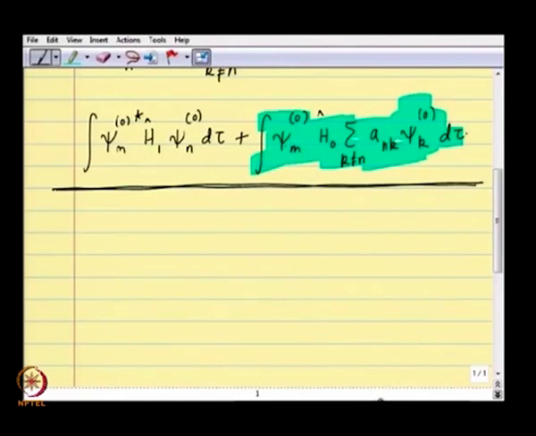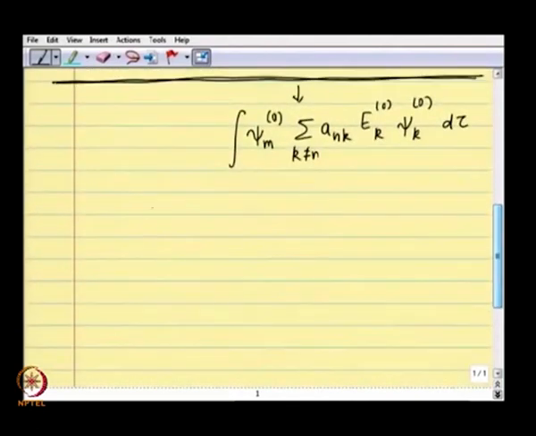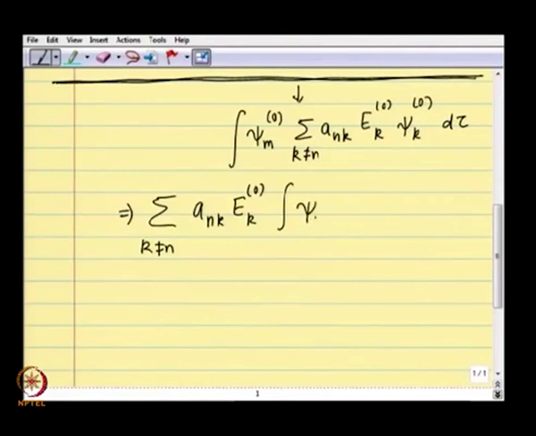It does not matter which one we worry about, but this would give you the quantity psi m0, sum over k not equal to n a_nk, H0 acting on psi k0 will give you E_k0 psi k0, d tau, which, if I put in only those which are needed inside the integral and leave everything else out, is the sum over k not equal to n a_nk E_k0 times the integral psi m0 star psi k0 d tau.